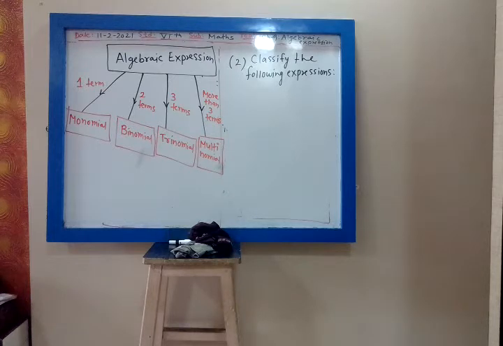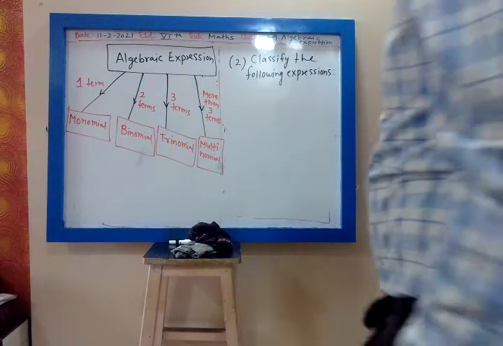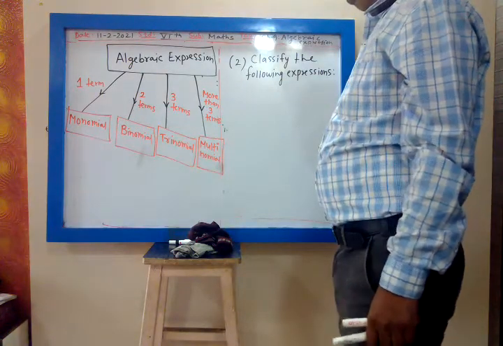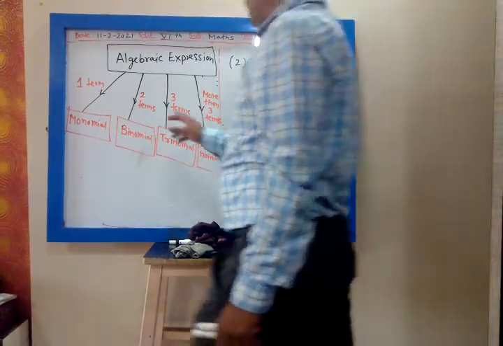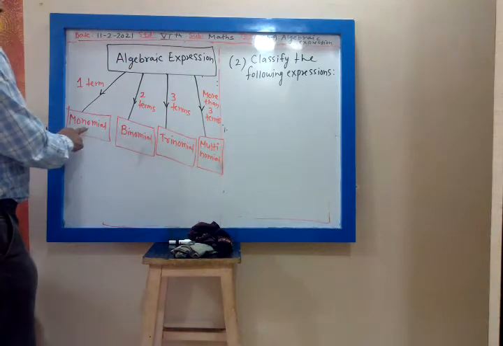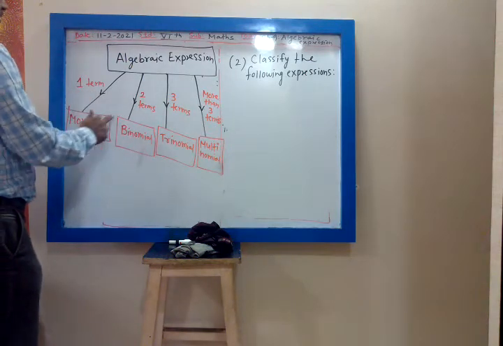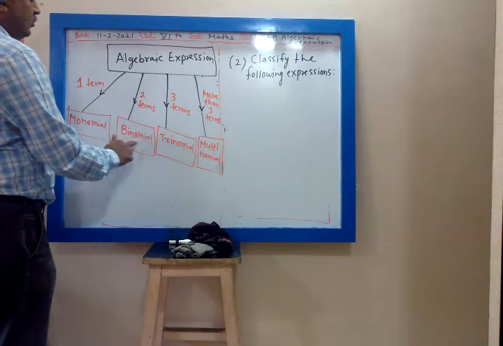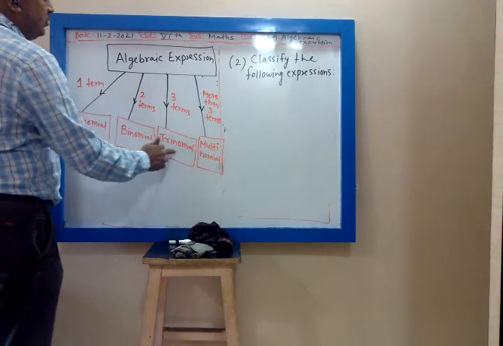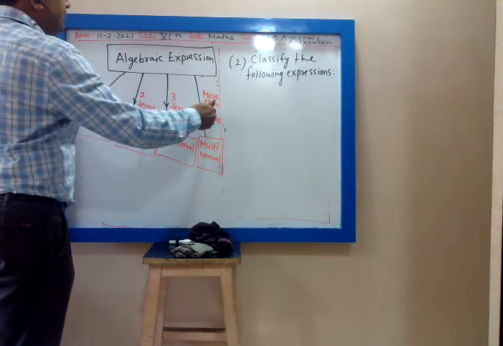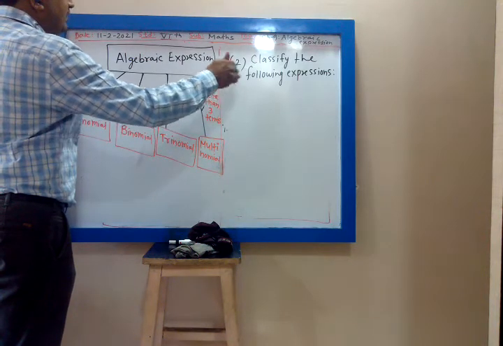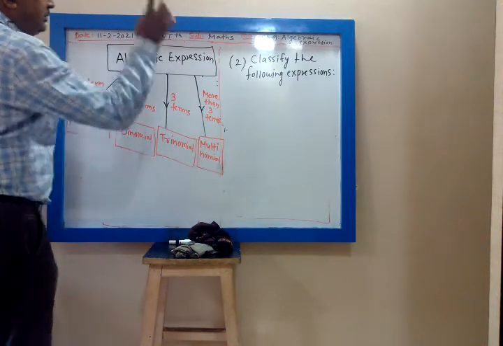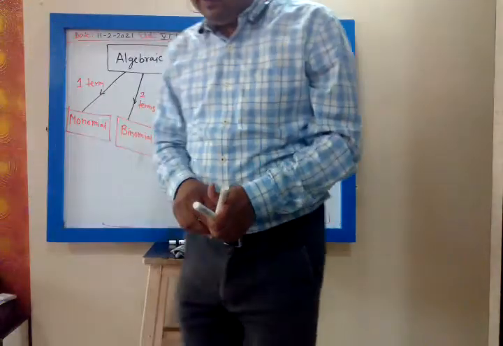All are known as multinomial. One term means monomial. Two terms means binomial. Three terms means trinomial. More than three terms means 4, 5, 6, 7, it will be known as multinomial.